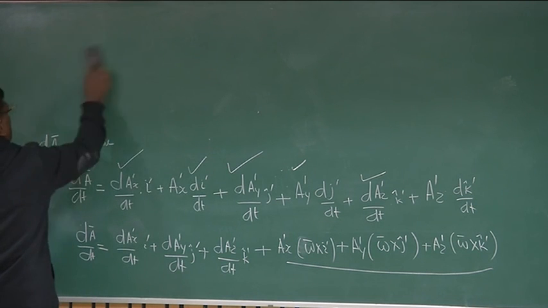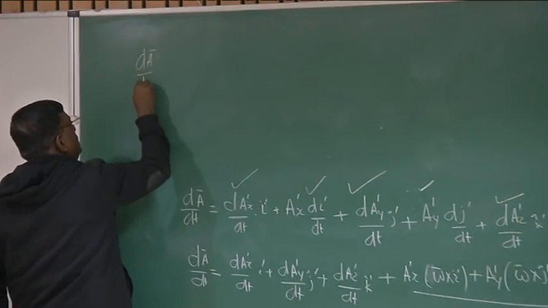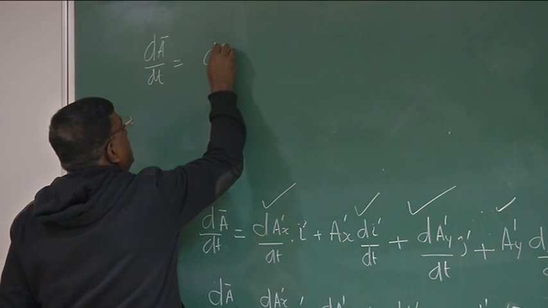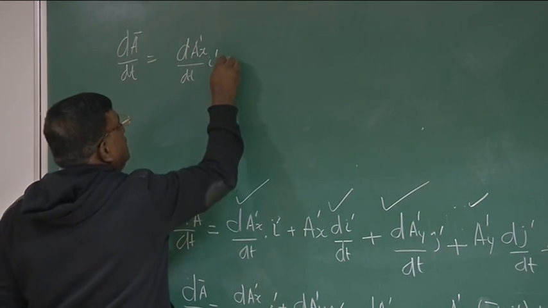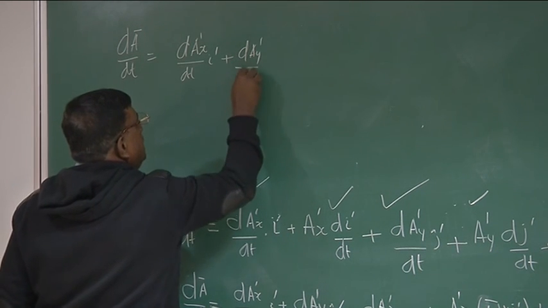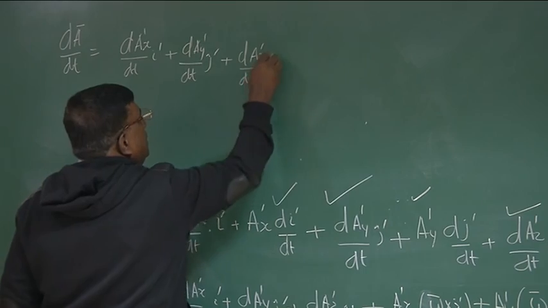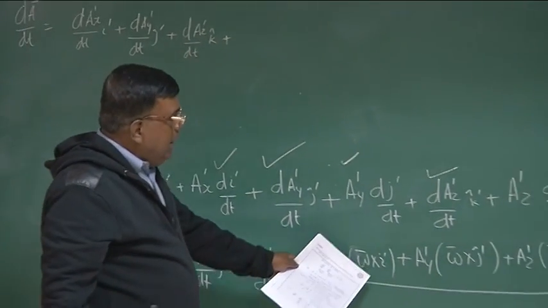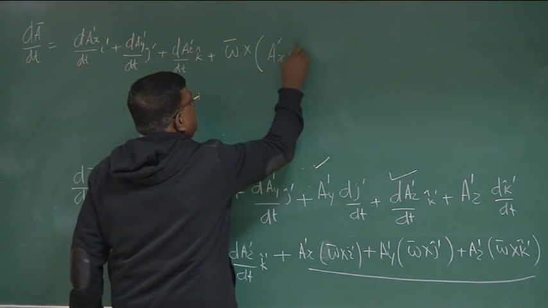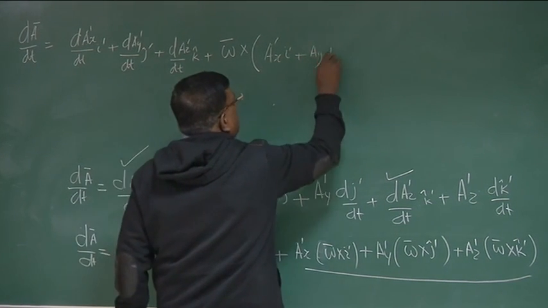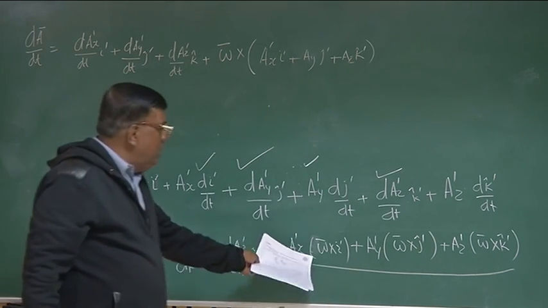So what we are getting is dA by dt equal to dAx prime by dt into i prime plus dAy prime by dt into j prime plus dAz prime by dt into k prime plus omega cross (Ax prime i prime plus Ay prime j prime plus Az prime k prime). I just take omega common.